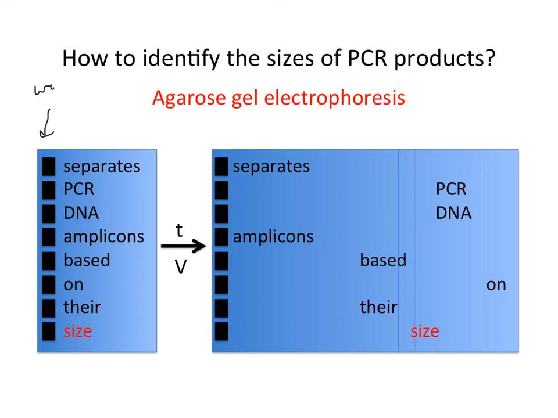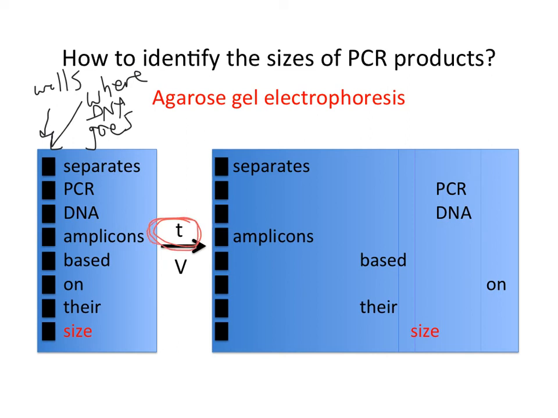We have a series of wells, or depressions, holes you could think of, in the top of the Jell-O slab that we could load DNA samples into. So we could add DNA samples. That's where the DNA goes. That's where it starts. The PCR reaction products. And then we do two things.